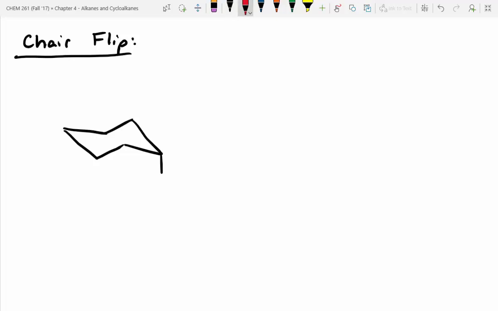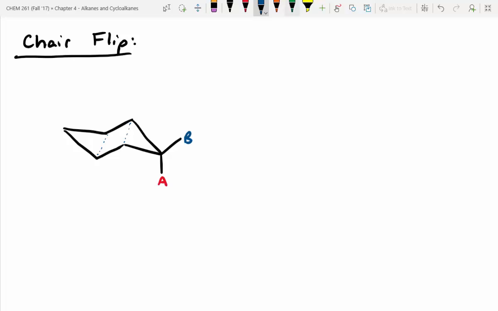So I'm going to just label that A. And then we have another substituent coming off kind of this direction, and I'll call this B. What I like to do is to identify those chair hinges, right? So where your headrest is and where your footrest is, and kind of do a dotted line. Those are our chair hinges. I like drawing them in. You don't have to, but I really like to.